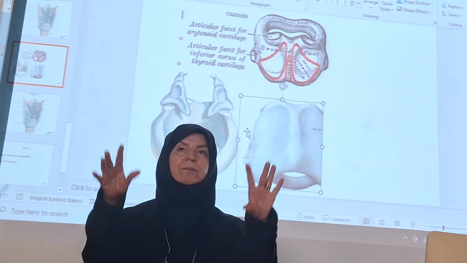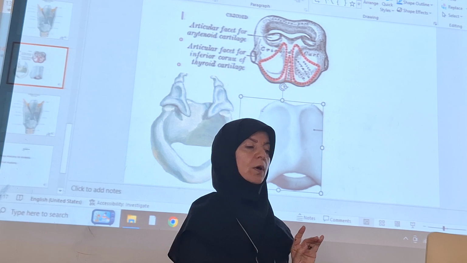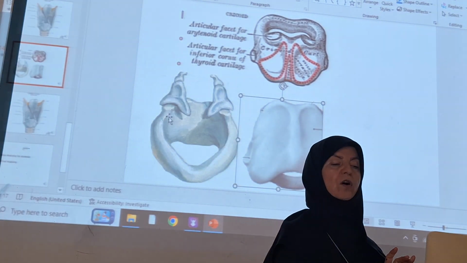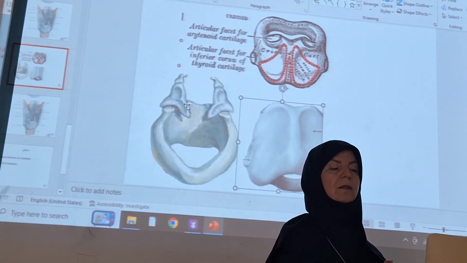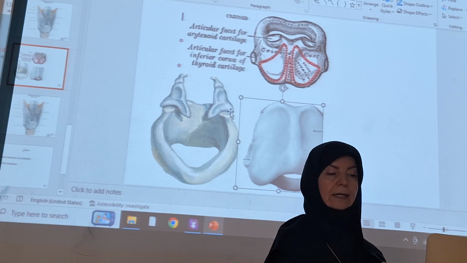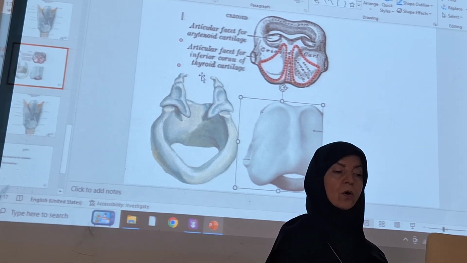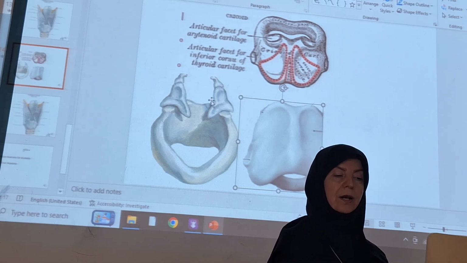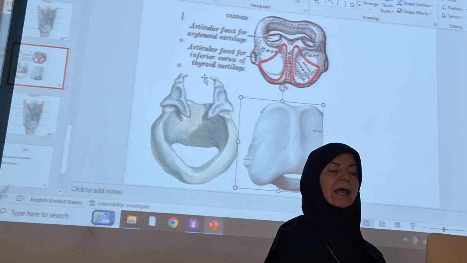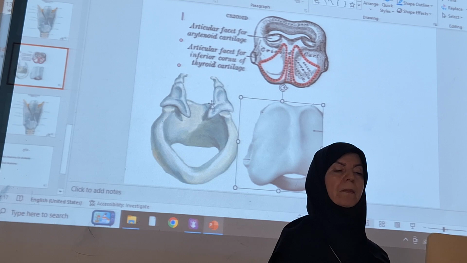Look here. Here you are going to look at the cricoid and arytenoid cartilage. Here is the muscular process. Posterior to this lamina, we can show on each side a muscle. What's the name of this muscle?